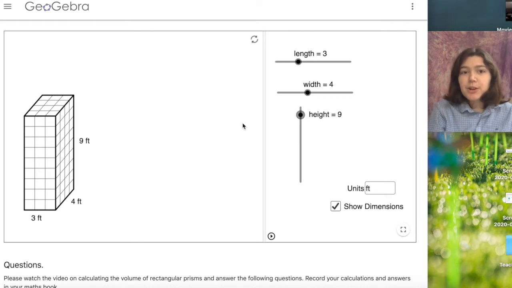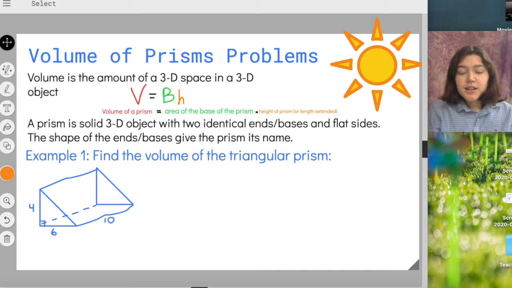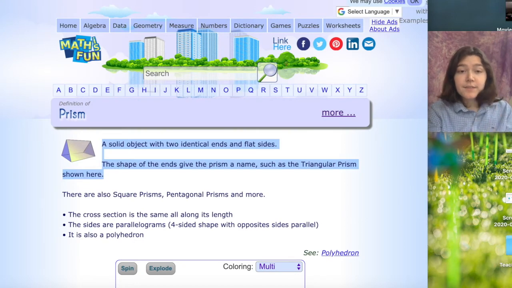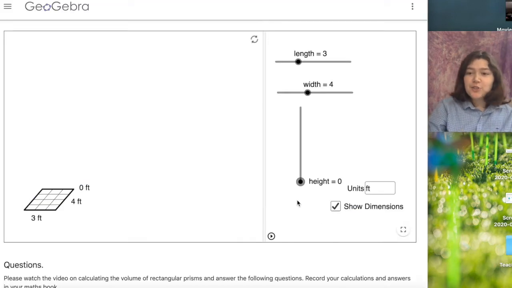Okay, so that's going to bring us into our definition of volume for prisms. The definition of volume for a prism, for all types, this is a general formula, is the area of the base of the prism times the height, or sometimes that's called the length extended. So if I think about this situation, that is my two-dimensional base, my shape of a rectangle, and I found the area of that.